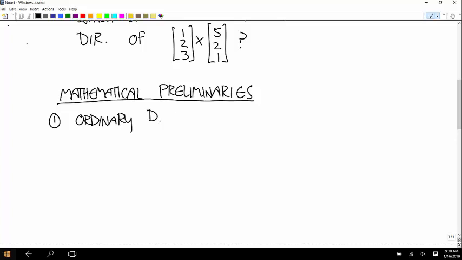So ordinary differential equations. And we're only going to need one technique. When you take differential equations, you learn 143 techniques or something. We need one of them.